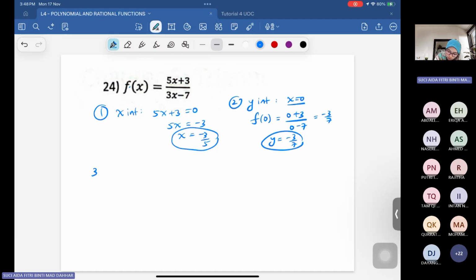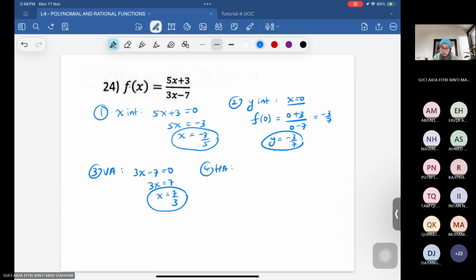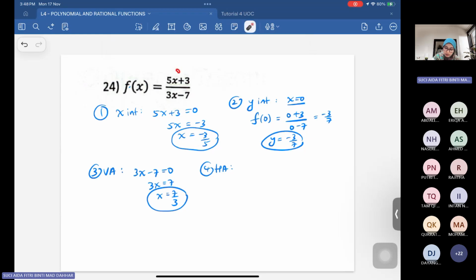Okay, step number 3, vertical asymptotes. How? By taking the denominator equals to 0. So 3x is equals to 7. Now x is 7/3. So you have one vertical asymptote. And for horizontal asymptote, step number 4, we compare the degree on the top and the bottom.